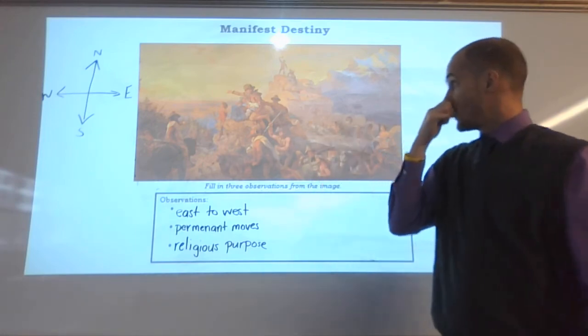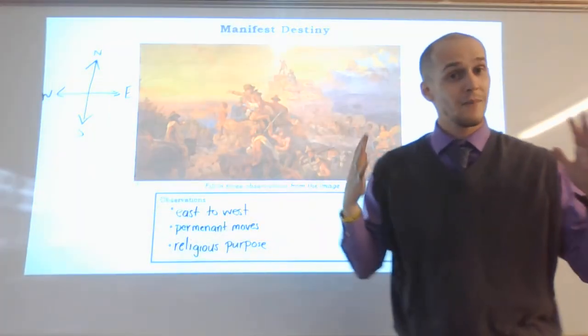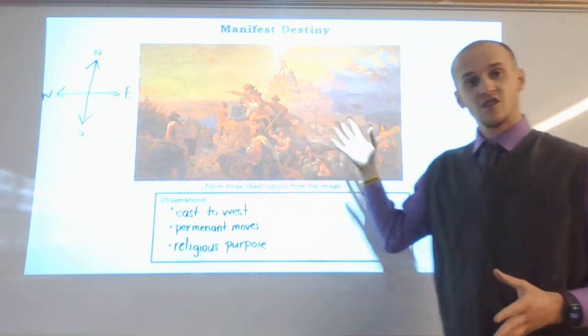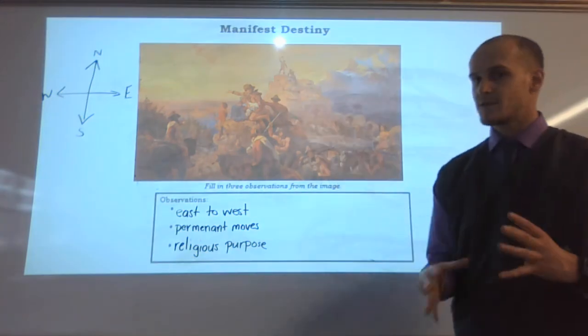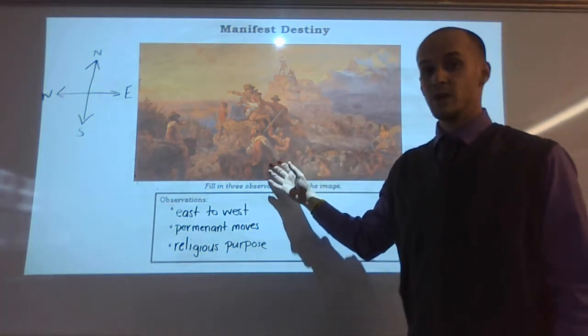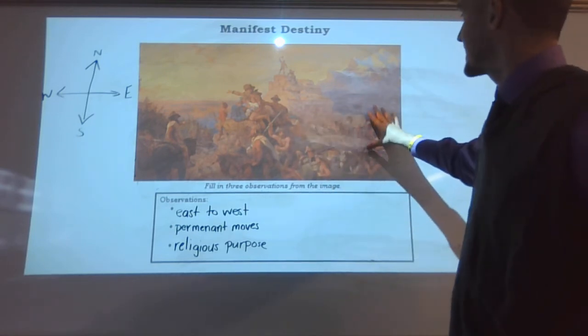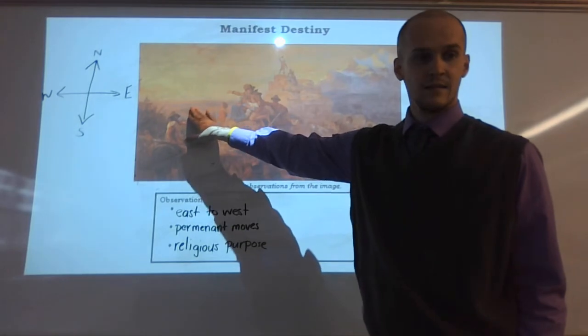That was how images like this were used. There may have been people, especially during this time, who weren't literate, but everybody can interpret an image. Everybody can look at a picture and decide what's going on. What people at that time would see in this picture is empty, fertile land.